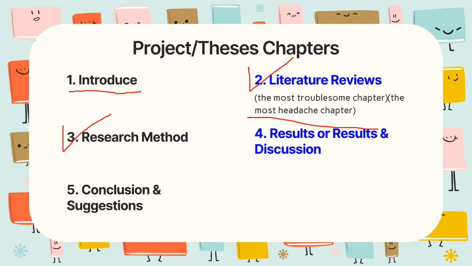Sometimes they will call it discussion, conclusion, or summary. But normally they will have 5 chapters right here: introduction, literature review, research methods, results or results and discussion, and number 5, conclusion and suggestions.